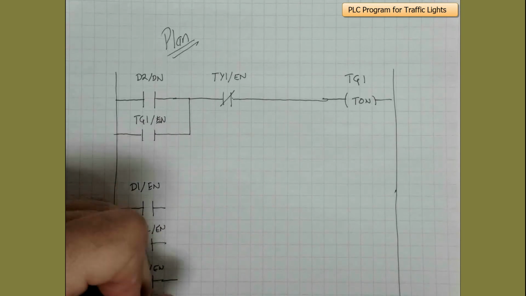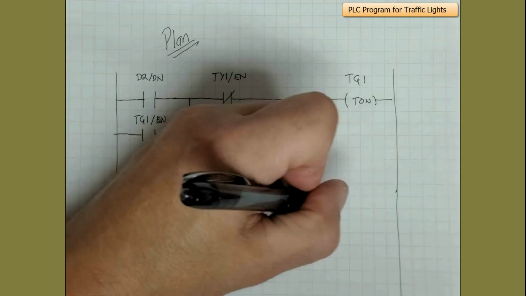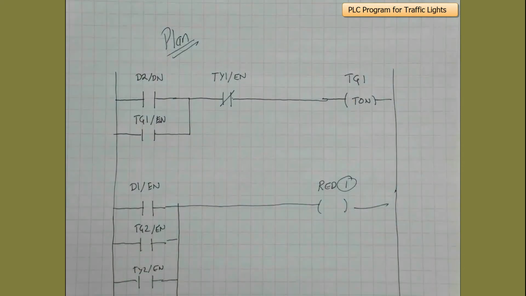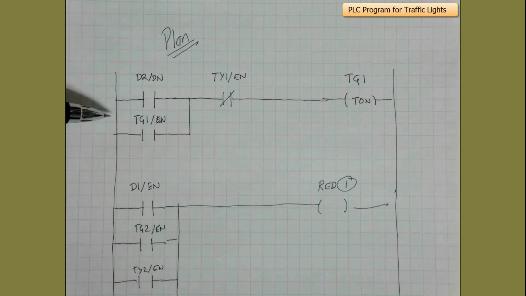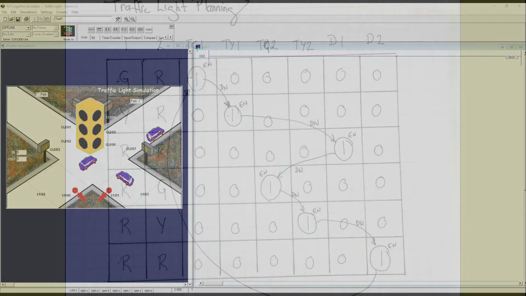And all those 4 conditions are required to turn on my red light for traffic light number 1. So again, at the planning stage, I have a pretty good idea of what my logic is going to look like for my timers and for my lights. And it's all based on just a little bit of planning with this table. So let's go ahead and program it into the simulator and see how it works.